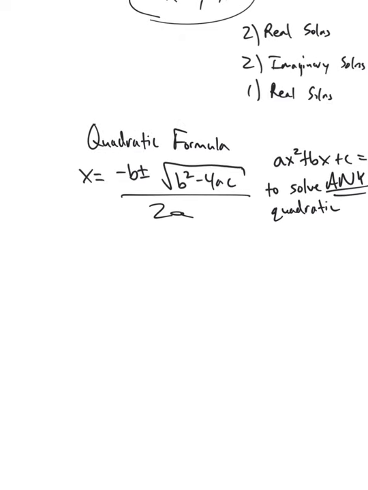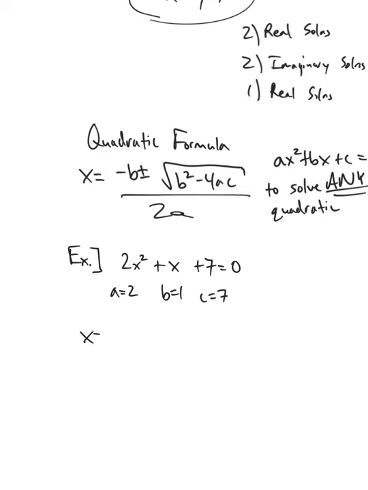You guys typically like to have a scientific calculator maybe to help you with your calculations here. But if we had 2x squared plus x plus 7 equals 0, guys, we could identify a as 2, b is 1, c is 7 here. This thing's equal to 0 already, nothing to do there.